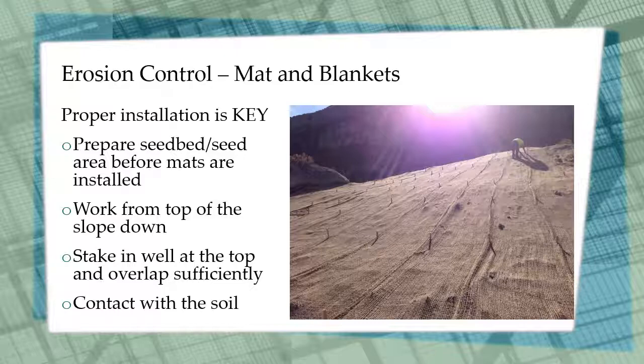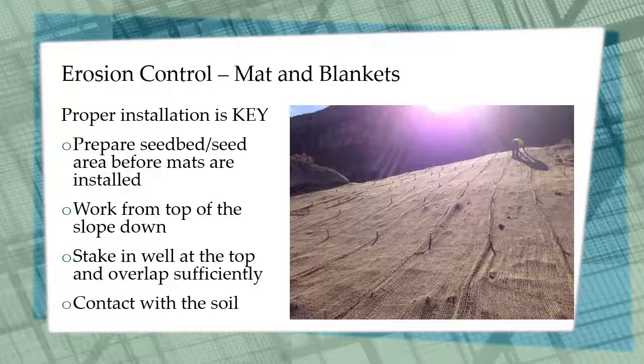The key to mats and blankets being effective is proper installation. Seed beds need to be prepared prior to the mats being installed. The mats must be installed from the top down the slope. The mats need to be staked in well all along the slope, and the mats need to be overlapped sufficiently so that there aren't gaps between them.